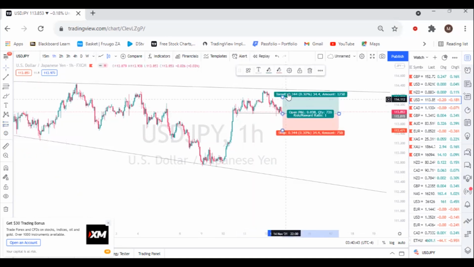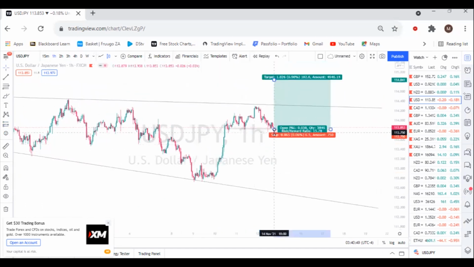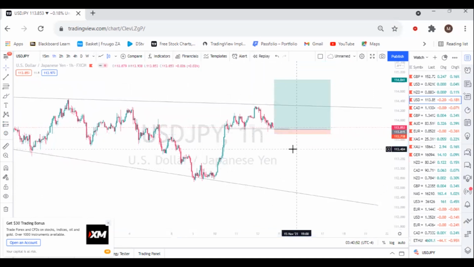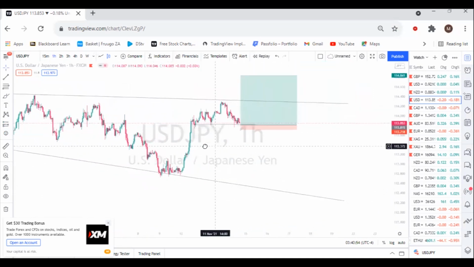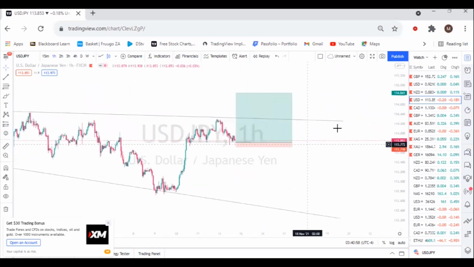We can start placing buy entries, just like that. So that is US dollar against Japanese yen, and this will be my last setup.